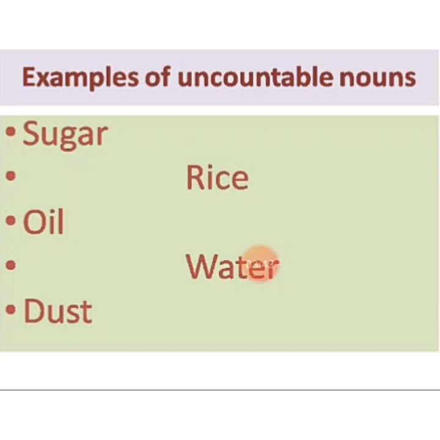Examples of such nouns include sugar, rice, oil, water, dust, air, light, and so on. There are very plenty examples of uncountable nouns. These are nouns that cannot be counted.